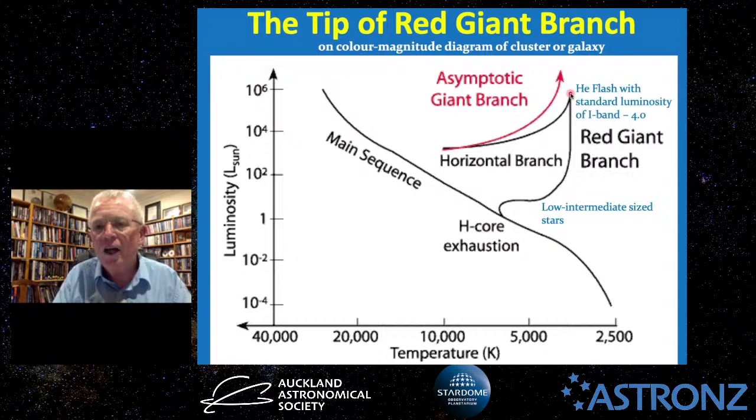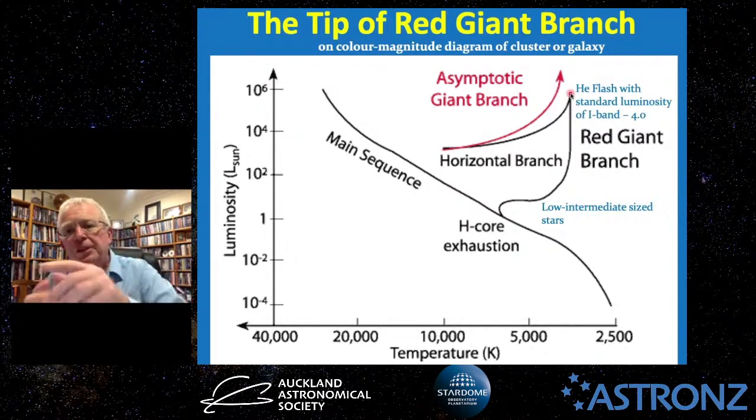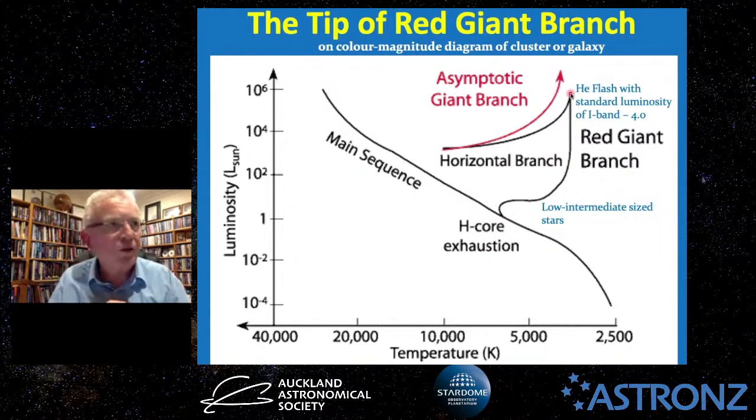And you might say, I've written here the I band. The I band refers to light in the near infrared, just below the visible light. And they typically like to look at these red giants in that I band, and it's pretty standard luminosity. They'll all be roughly in the near infrared at a magnitude of about minus 4.0.